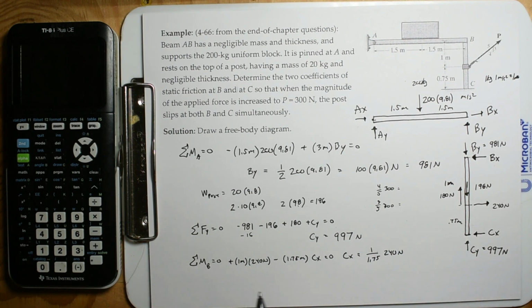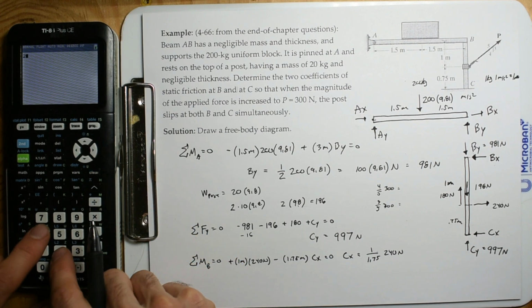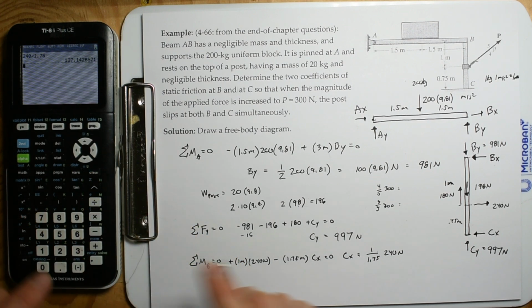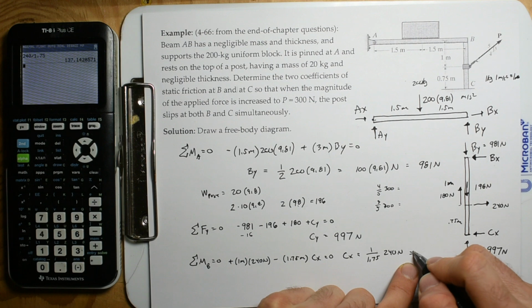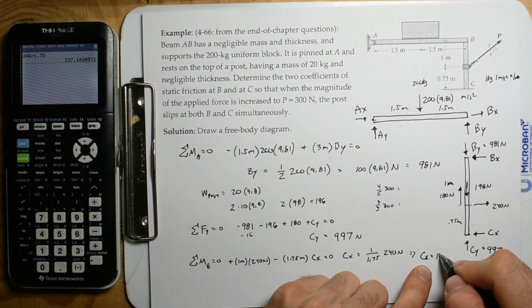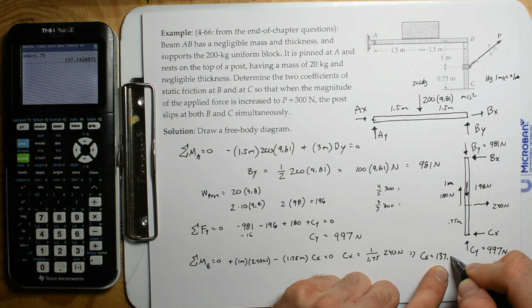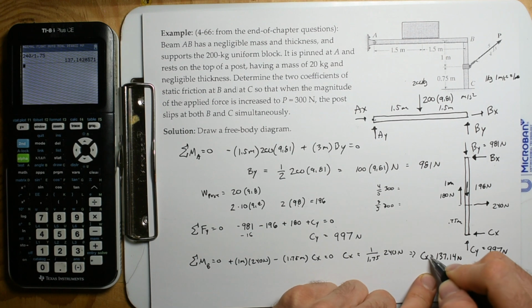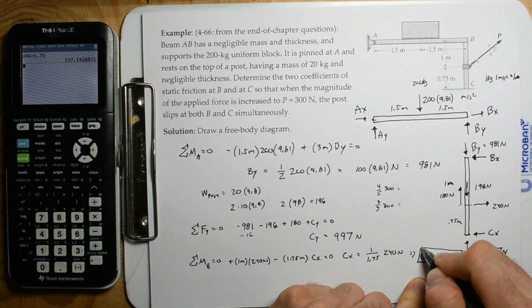So that's CX. 240 divided by 1.75 is not a nice number, but we get CX is 137, we'll go to 5 decimal places. Cool, there you go. So there's CX.